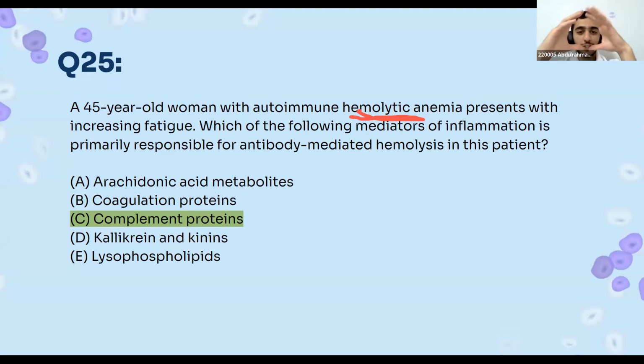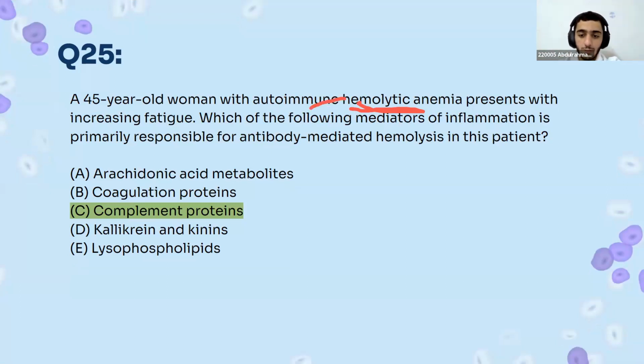However, in autoimmune hemolytic anemia, this defense mechanism of the red blood cells, or the different processes on top of the red blood cells, will no longer be efficient, and they can no longer protect themselves from the complement proteins, and as a result the complement proteins will start destroying the red blood cells. And this is why it's autoimmune hemolytic anemia, because the complement are destroying the red blood cells.